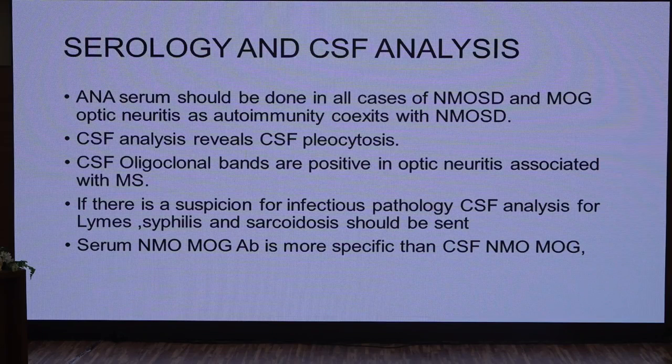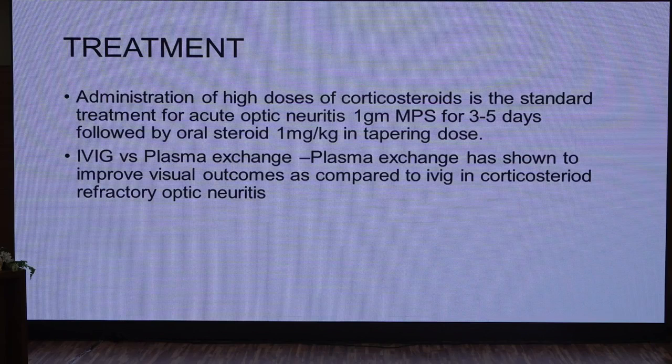And if there is a high suspicion for infectious pathology, CSF analysis for Lyme, syphilis and sarcoidosis should be sent. Serum NMO and MOG antibody is more specific than CSF NMO and MOG. That is because NMO and MOG antibodies are secreted peripherally in the serum, not in the CSF.